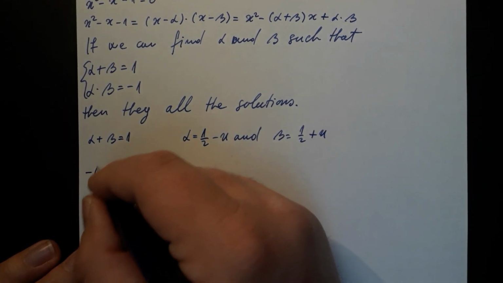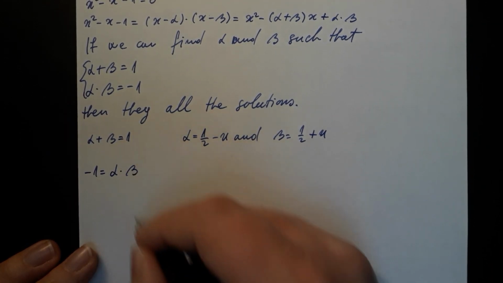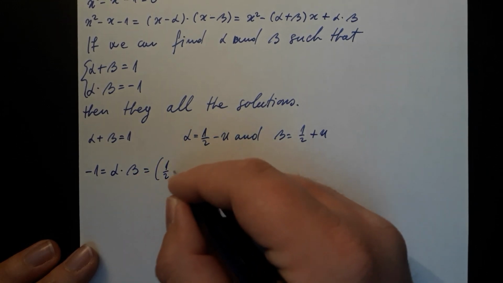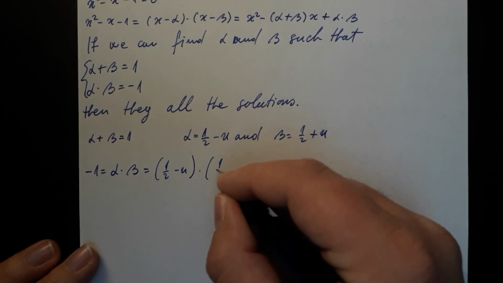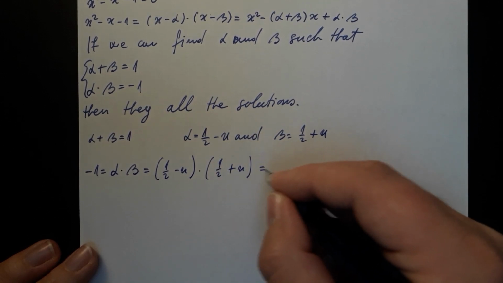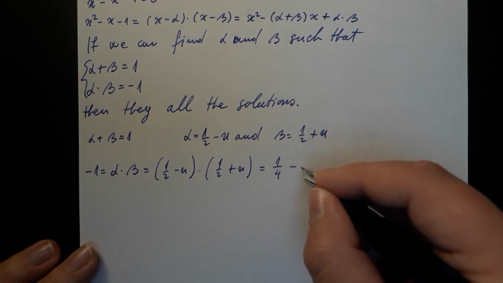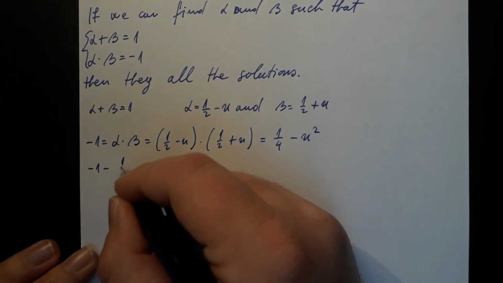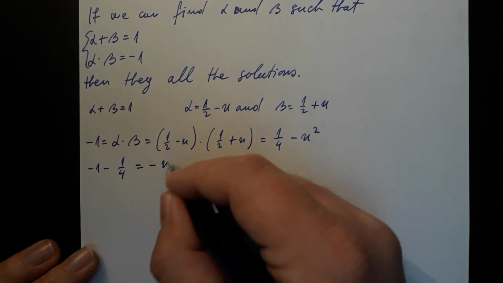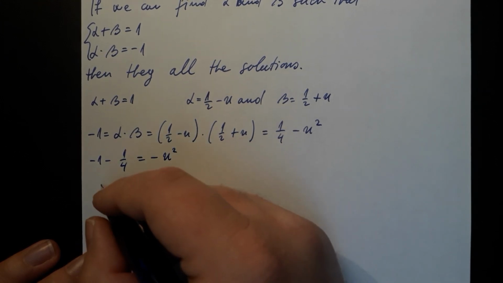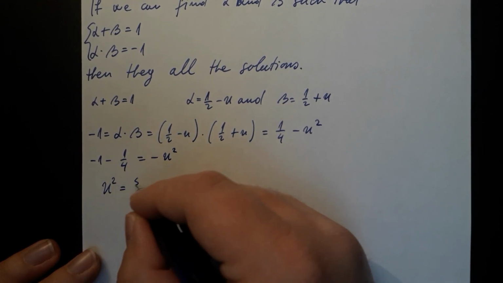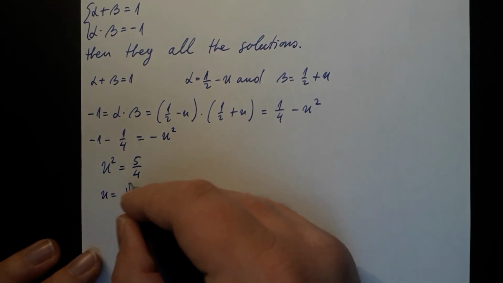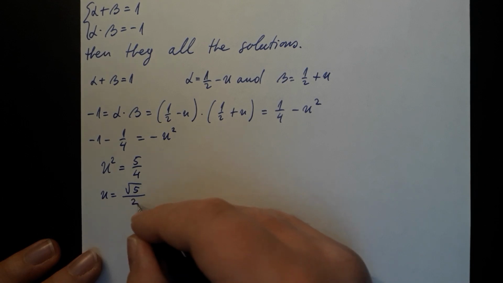So -1 is going to be alpha multiplied by beta from the second equation, and that is (1/2 minus u) multiplied by (1/2 plus u). This is 1/4 minus u squared. So this is -1 minus 1/4 equal to minus u squared, and that means that u squared is equal to 5/4, which means that u is equal to the square root of 5 over 2.